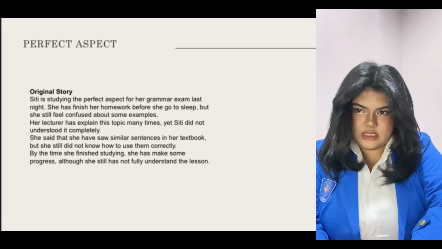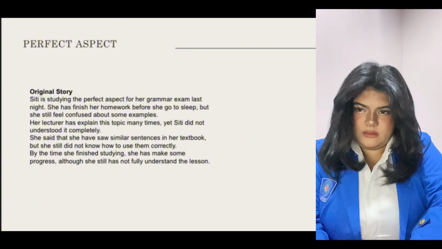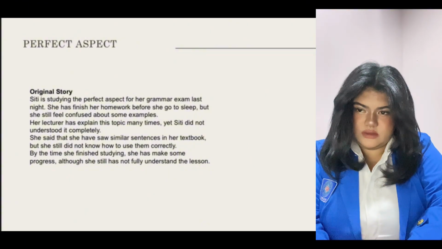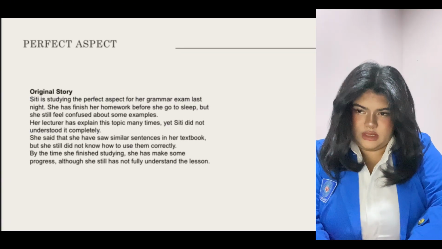For the perfect aspect, the original story: Cindy is studying the perfect aspect for her grammar exam last night. He has finished her homework before she go to sleep, but she still feels confused about some examples. Her lecturer has explained this topic many times, yet Cindy did not understand it completely.